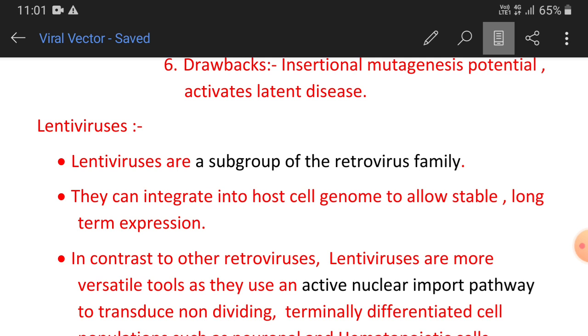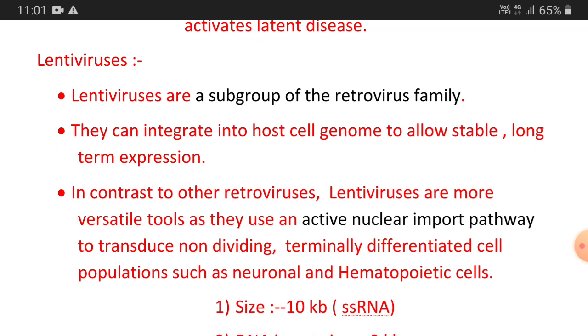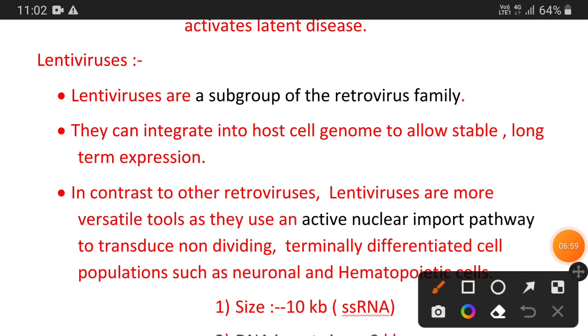So it can transduce both dividing and non-dividing cells, which retrovirus can't, because retrovirus only transfects dividing cells. Another important thing is that lentivirus transfers the transgene via the active nuclear import pathway, but in the normal retrovirus there is no such pathway. Among other retroviral based vectors, lentivirus is most preferable.